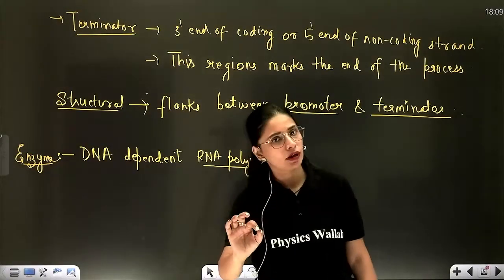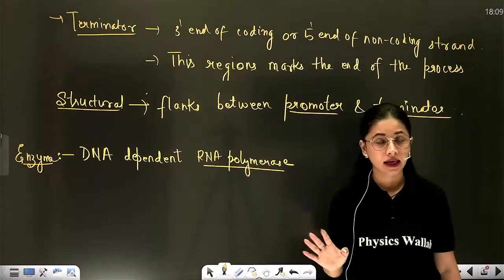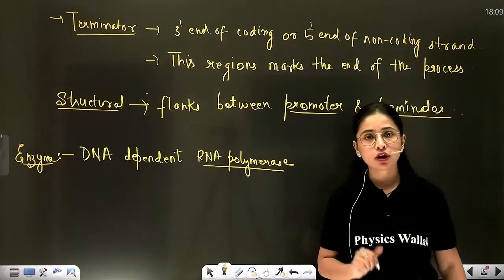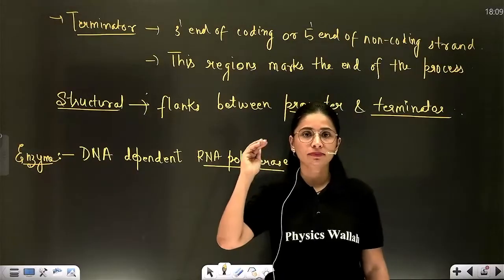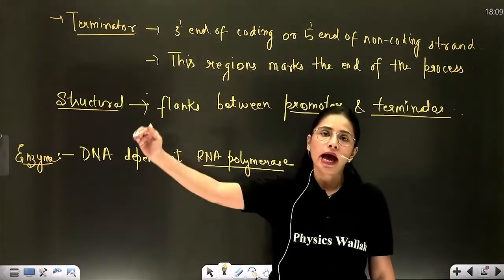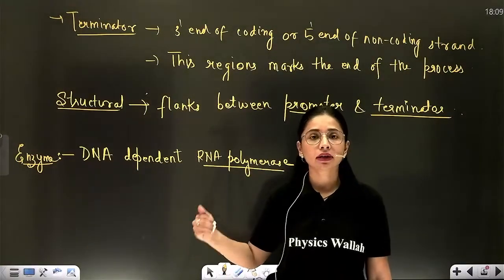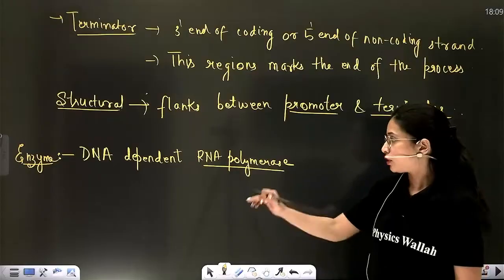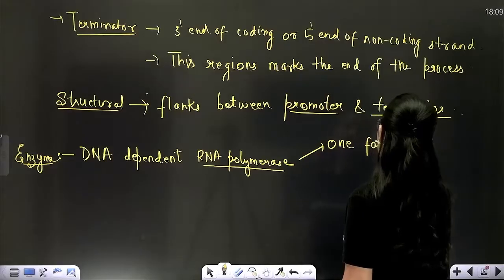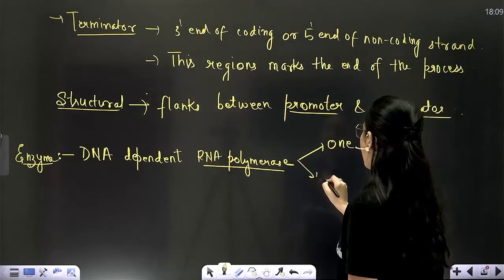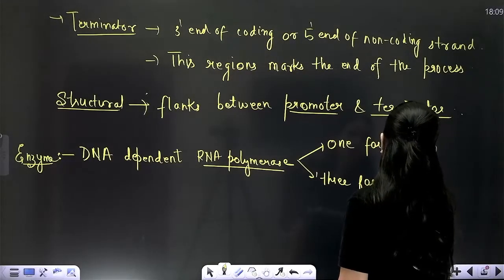However, in case of eukaryotes, there are 3 types of RNA polymerase: RNA polymerase 1, 2 and 3, that help in the synthesis of different types of RNA. So you are going to write 1 for prokaryote and 3 RNA polymerases for eukaryote.